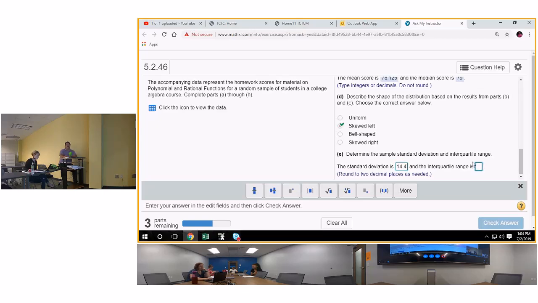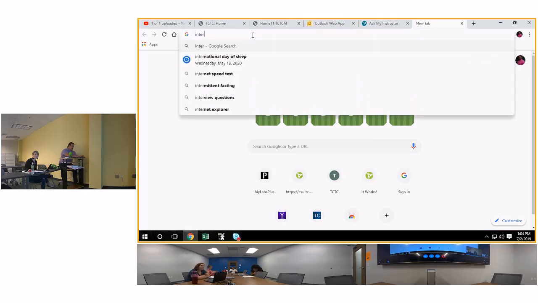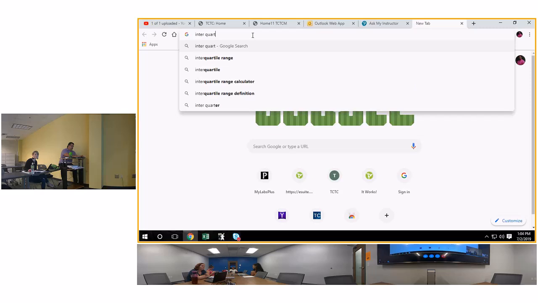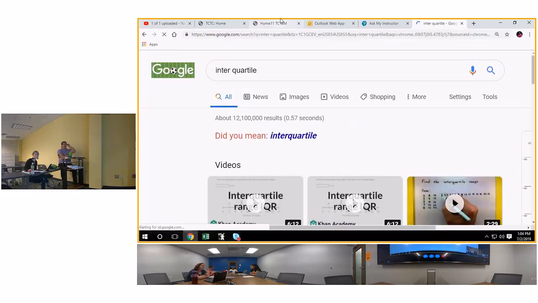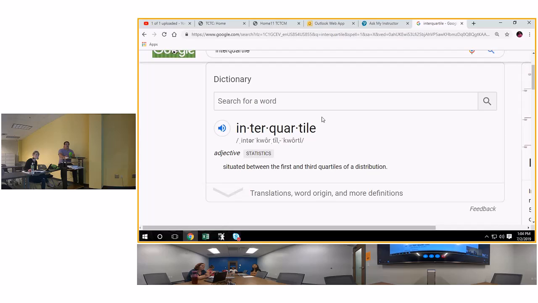The interquartile range, you have to subtract the first quartile from the third quartile or whatever. Good gosh. Hold on a second. I've never seen this question before. I'm glad I didn't put it on the test. It goes till H. Oh yeah, this is the one that goes to Z. Interquartile range.